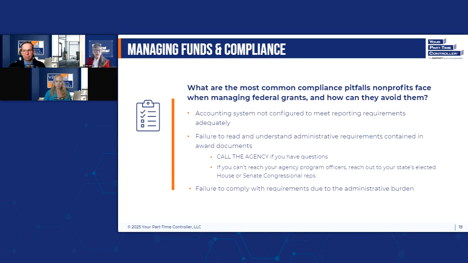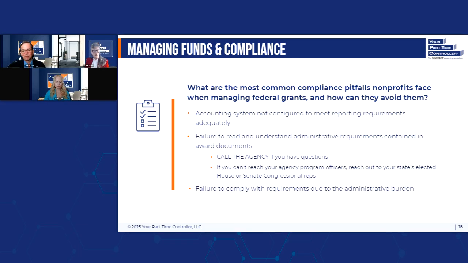And finally, a lot of groups read the administrative requirements, they understand them, but they feel like we don't really have to do that. It can be a huge administrative burden. One of the least popular and most frequently required administrative chores is to keep track of the time that your people are spending on these federal awards.